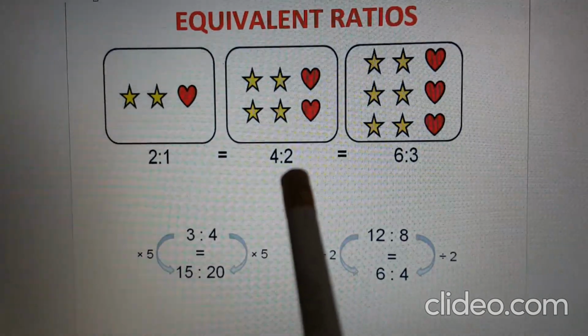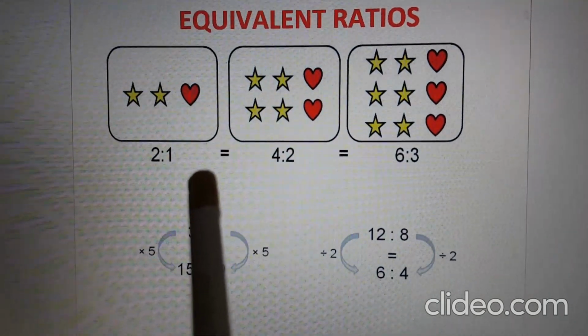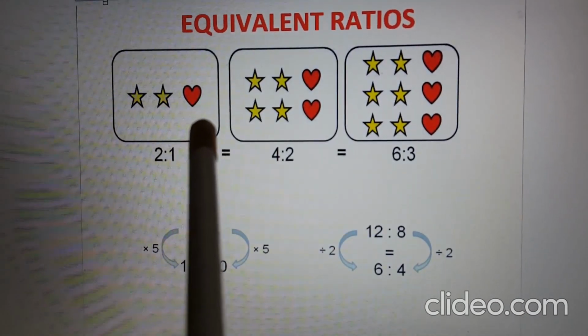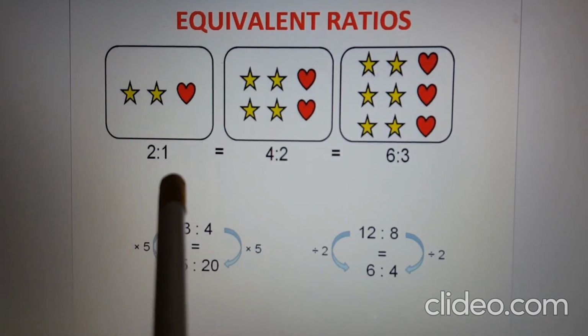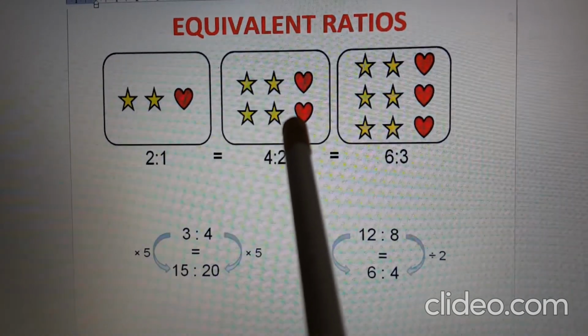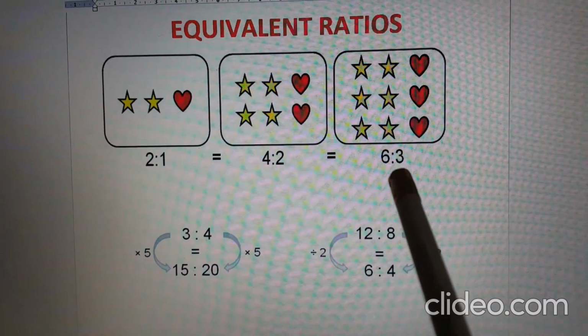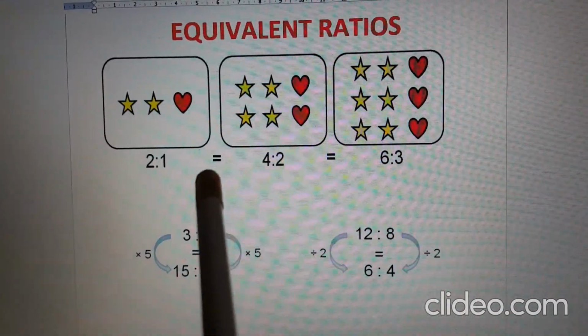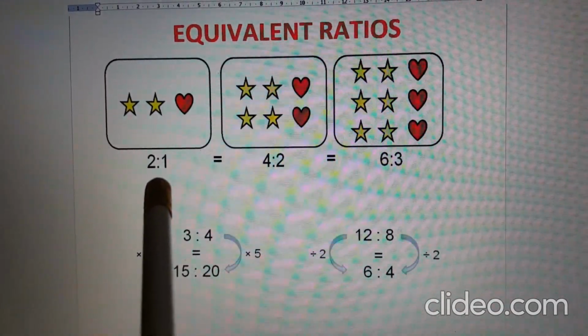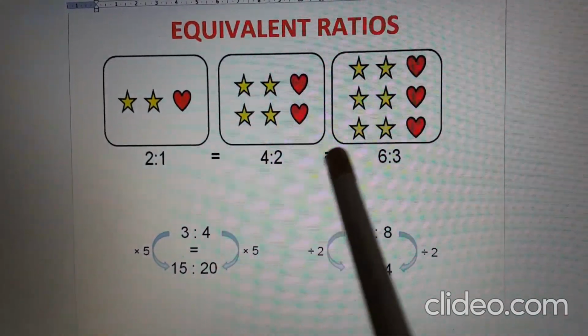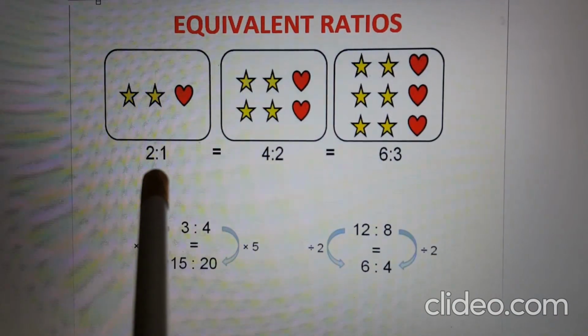Now what are equivalent ratios? Ratios that have the same value. Now 2 stars and 1 heart, the ratio is 2:1. 4 stars and 2 hearts, 4:2. 6 stars and 3 hearts, 6:3. So these are equivalent ratios of 2:1, because when we reduce these ratios, we get 2:1.